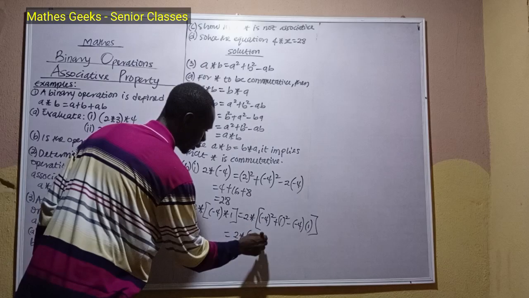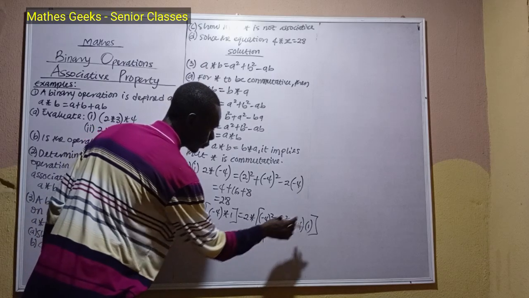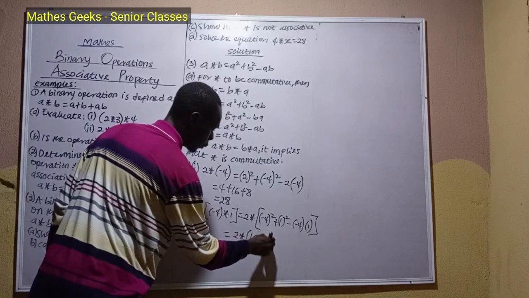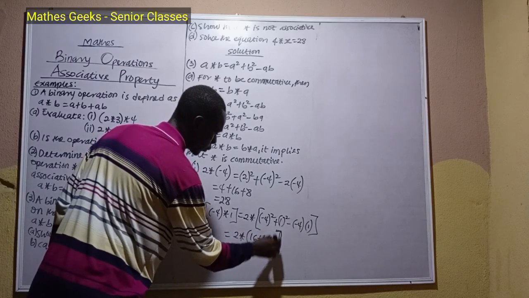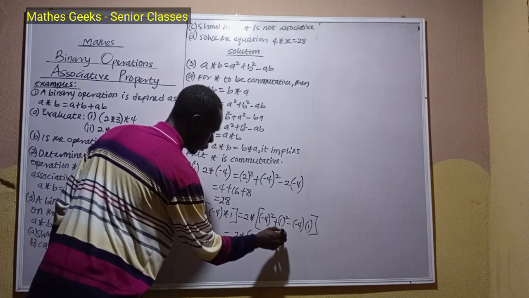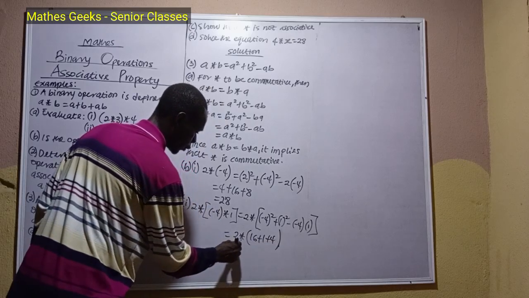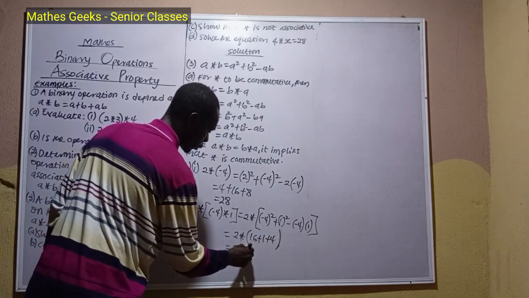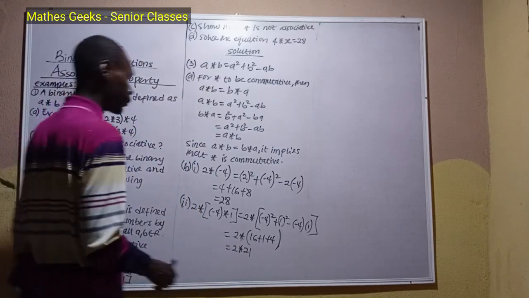Minus 4 squared gives us 16, plus 1, and minus minus 4 times 1 is plus 4. This gives us 2 star (16 plus 4, 20 plus 1). So 2 star 21.